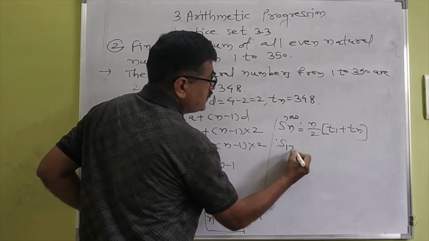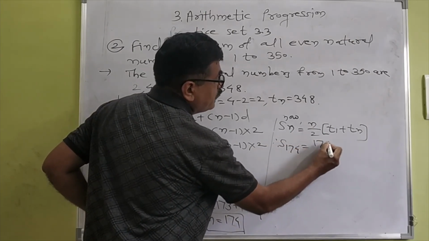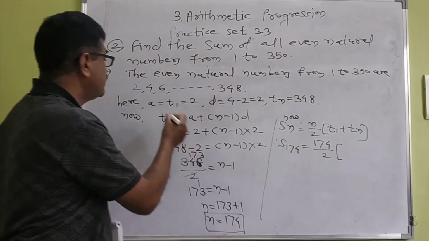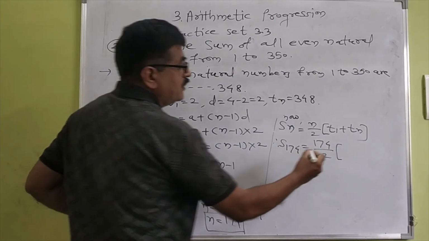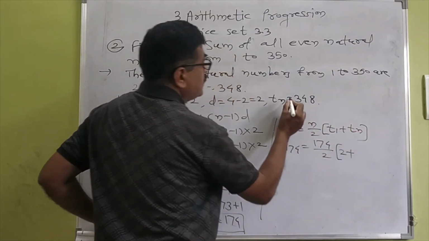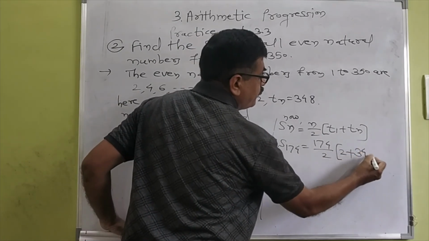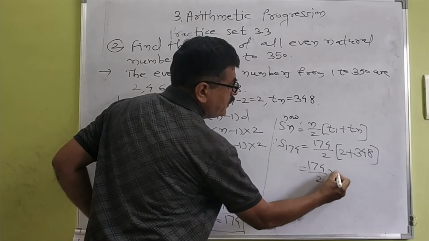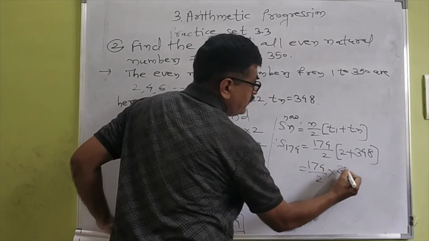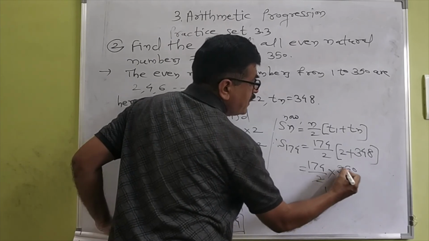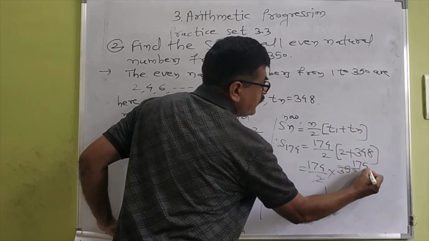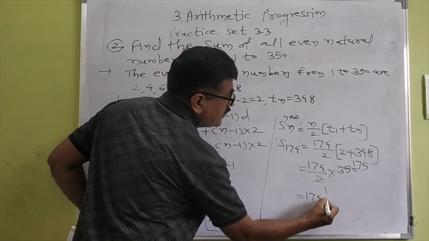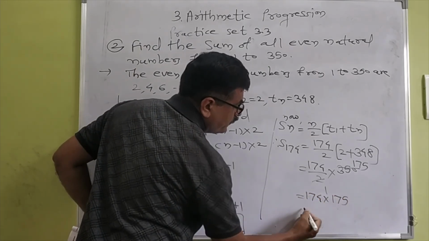Therefore S174 is equal to 174 upon 2 into bracket T1, the first term, 2, plus the nth term Tn, 348. Take the addition, 174 upon 2 into 350. Dividing by 2, 175. Therefore it is equal to 174 into 175.